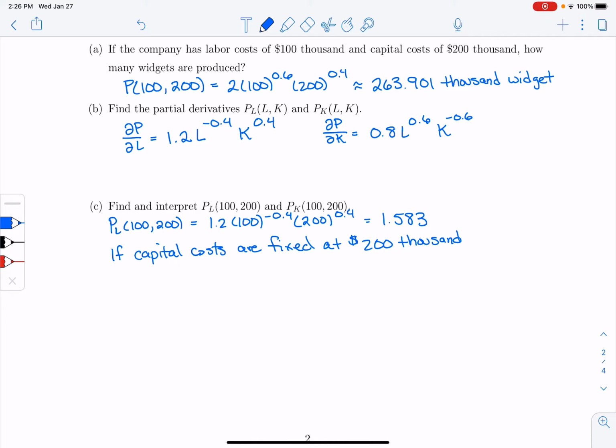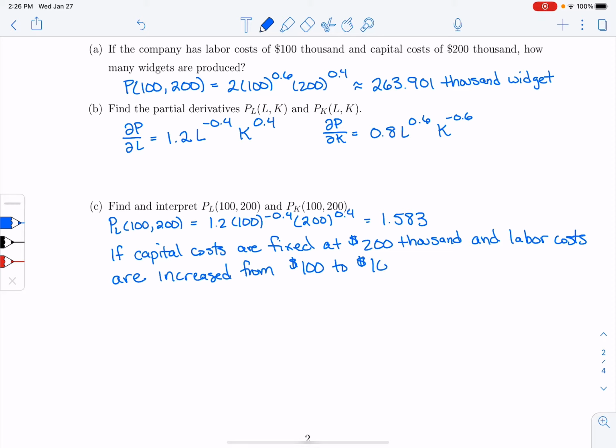And I find it's helpful to interpret derivatives in terms of a 1 unit change when looking at the variable that we're taking the derivative with respect to. So in this case, labor costs, I'm going to think about what happens when I increase those by 1 unit. So labor costs are increased from $100,000 to $101,000.